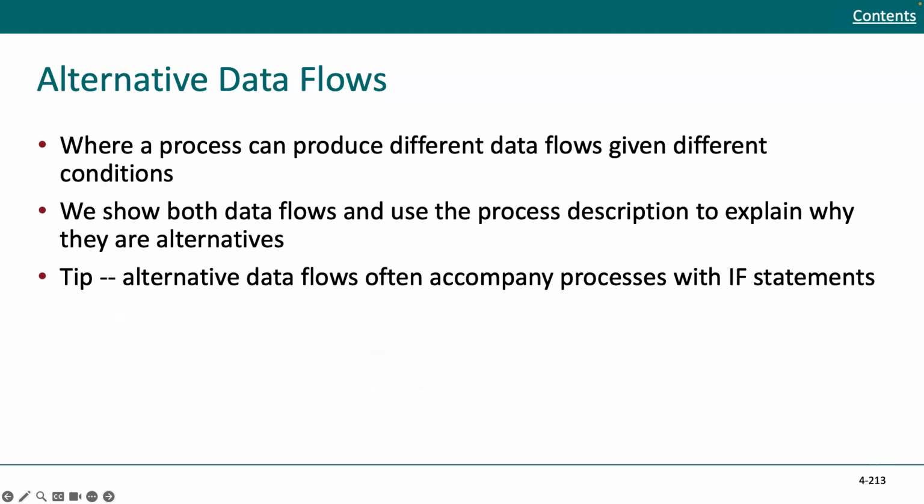In terms of alternate data flows, when a process can produce different data flows given different conditions, we show both data flows and use the process description to explain why they are alternatives. And a tip you want to remember is alternative data flows often accompany processes with if statements.